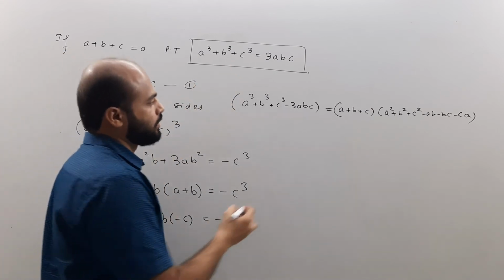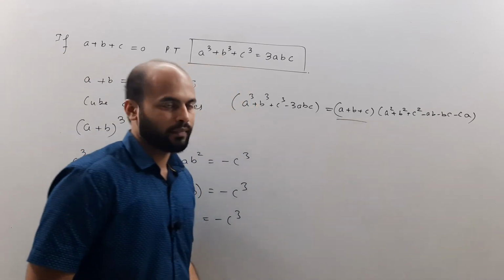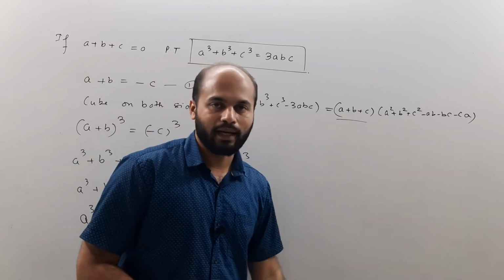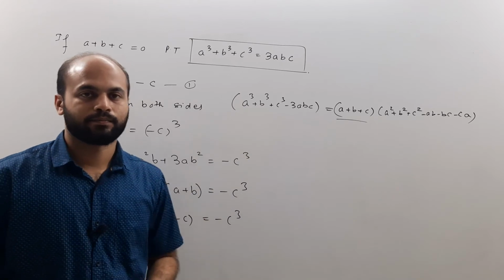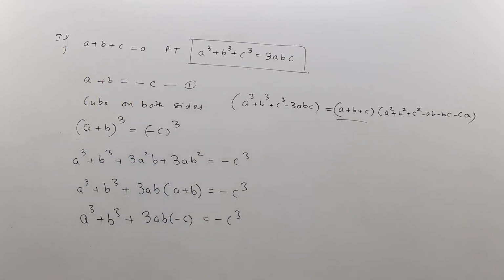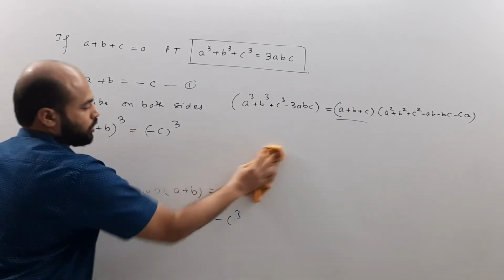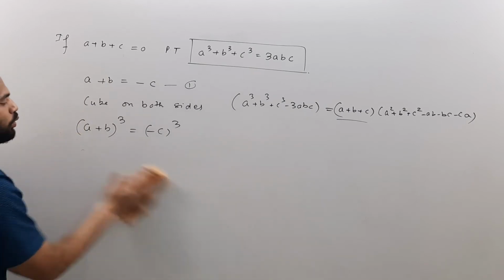That is, if a plus b plus c is 0, the RHS will become 0 entirely. Then we will get the expression as this. So now based on this concept, we will try and do a few problems.